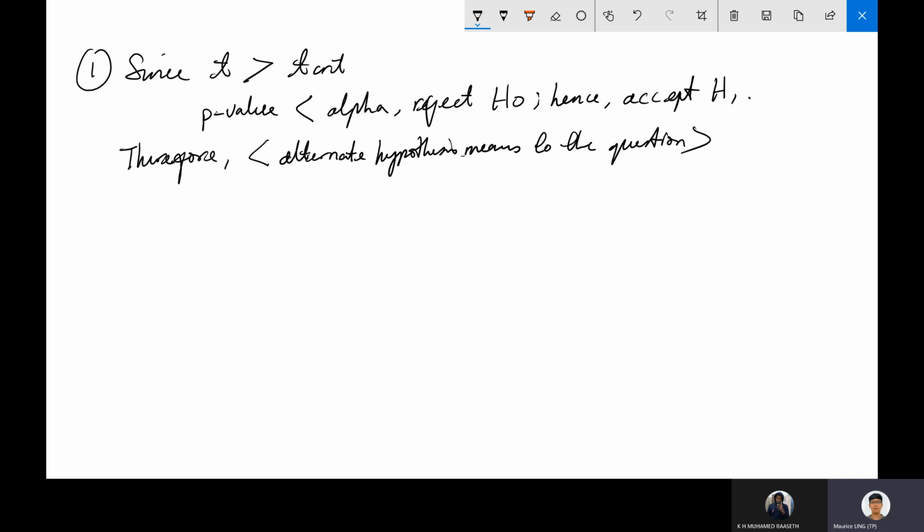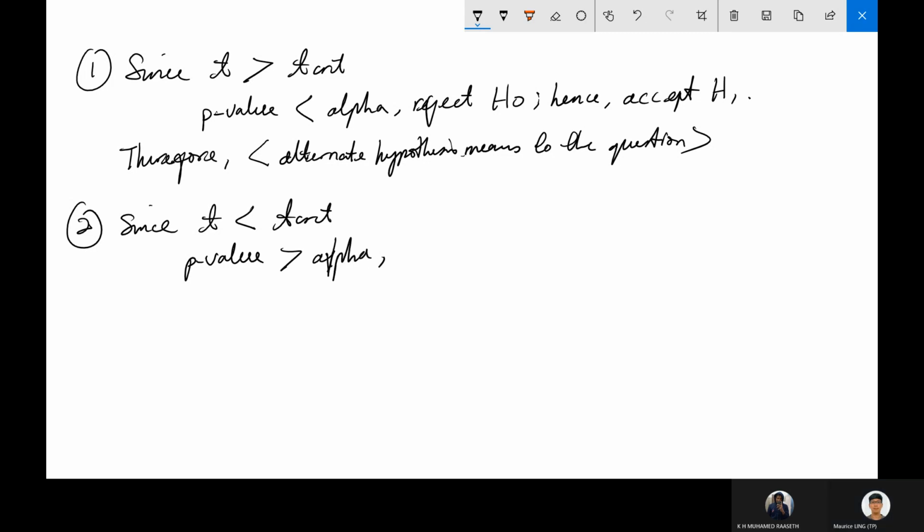The template used to accept null hypothesis is: since, let's say the T is less than the T critical, or the p-value is more than the alpha, then you say you fail to reject null hypothesis. Hence, you accept.